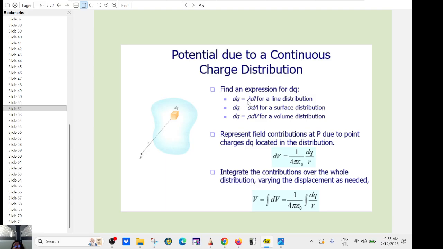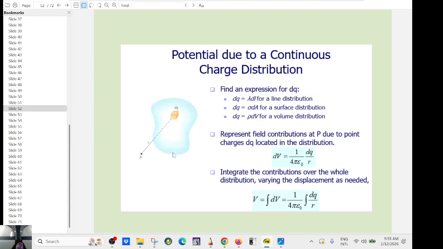So it's like before, except now it's much easier because the voltage is a scalar. So you don't have to worry about the x component, the y component, the magnitude. Okay, so it's much easier. So each little dq is going to generate its potential dV, which is small, okay? Depending on dq, you use that equation.